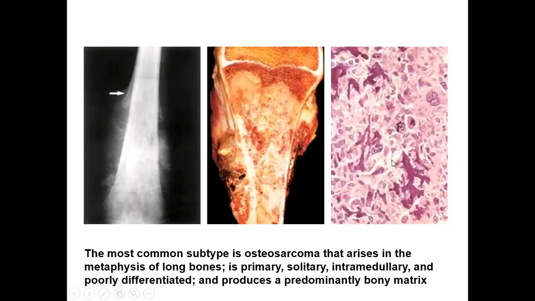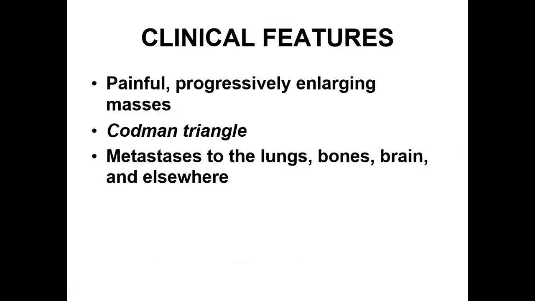The diagnostic point of identification is osteoid production by the tumor cells. These are the tumor cells which produce pink osteoid. So this is microscopy of osteosarcoma or osteogenic sarcoma.